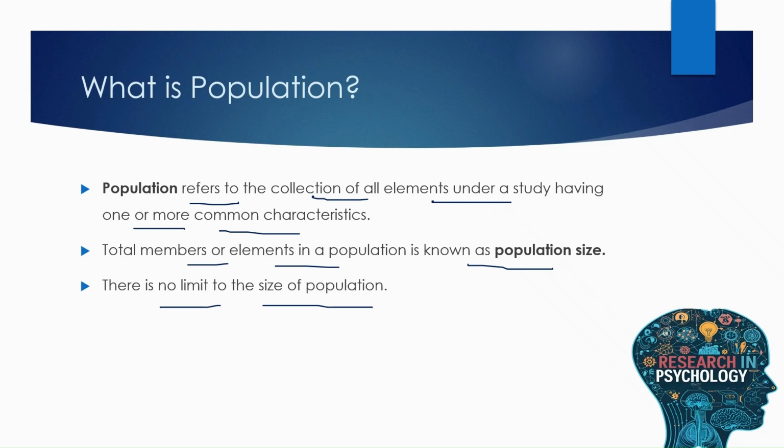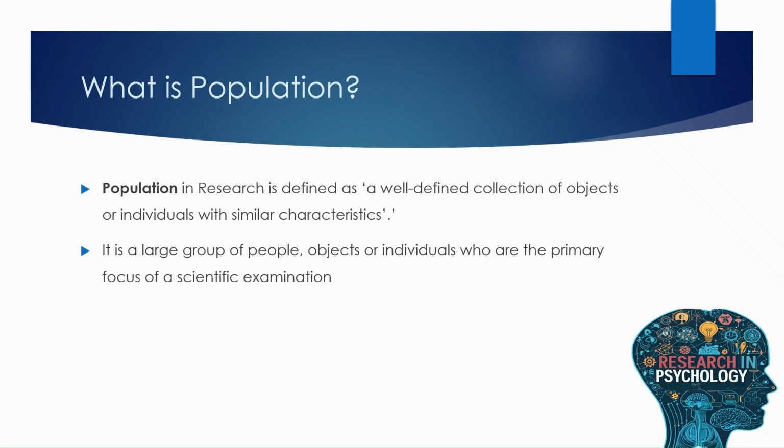Moving forward, population in research is defined as a well-defined collection of objects or individuals with similar characteristics. For example, you are studying the effect of a drug on anxiety, in which case your population will be every individual who is suffering from anxiety. So that would be the similar characteristic based on which you will be identifying your population, which is the presence of anxiety.